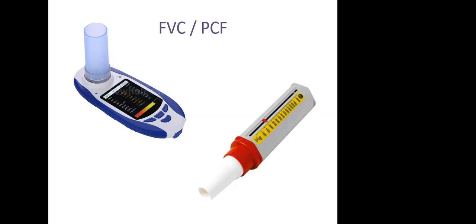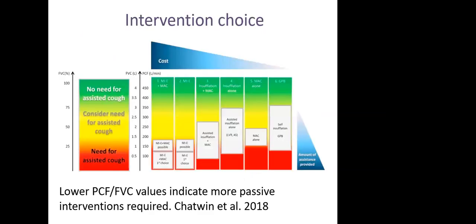But we would see, if we've got a reduced FVC, we're likely to see a reduced peak cough flow. So those are useful tools when we're evaluating the patient who's perhaps more stable, and where we might want to measure that as we go through.